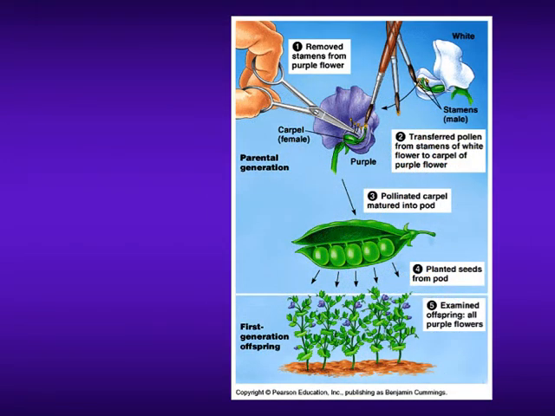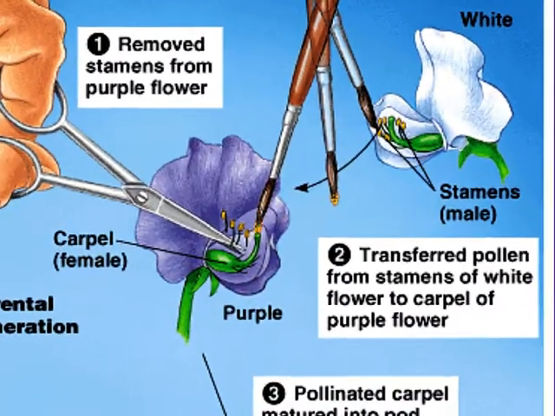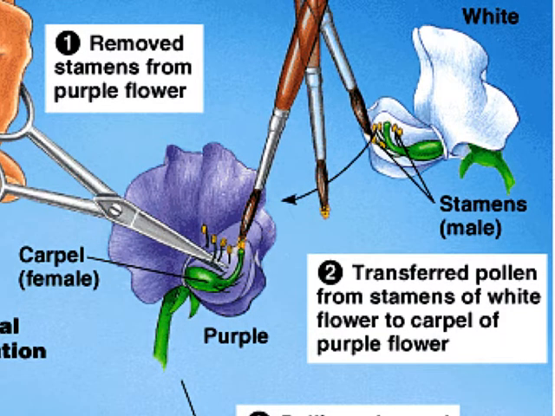So now along comes Gregor Mendel around 1850, the father of genetics, thinking that he'd like to try an experiment of crossing purple-flowered pea plants with white-flowered pea plants to see what he'd get. So he snipped off the anthers of the purple flower before they matured, so they couldn't produce pollen.